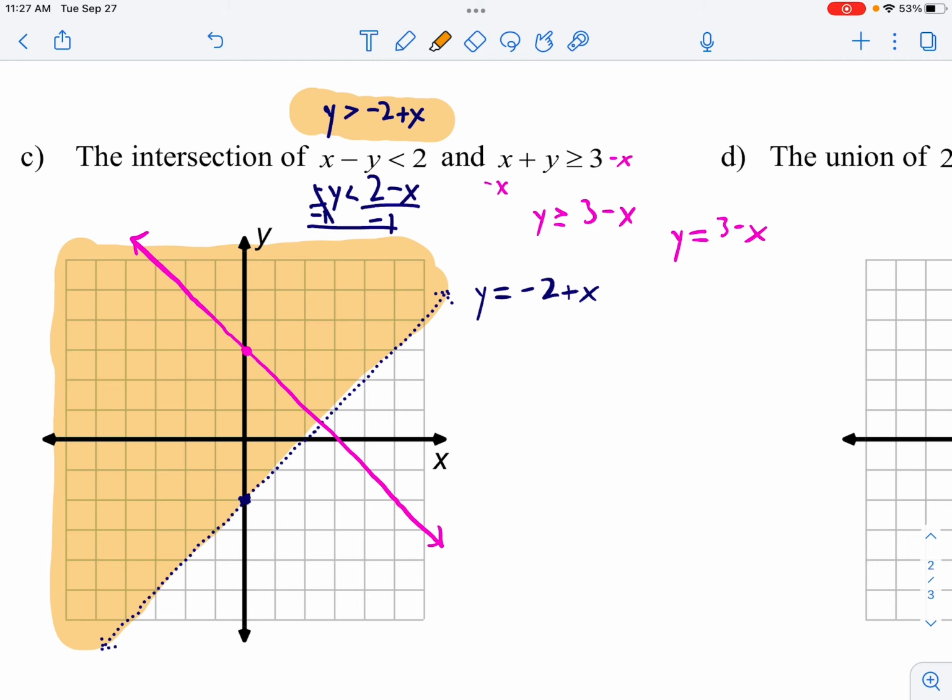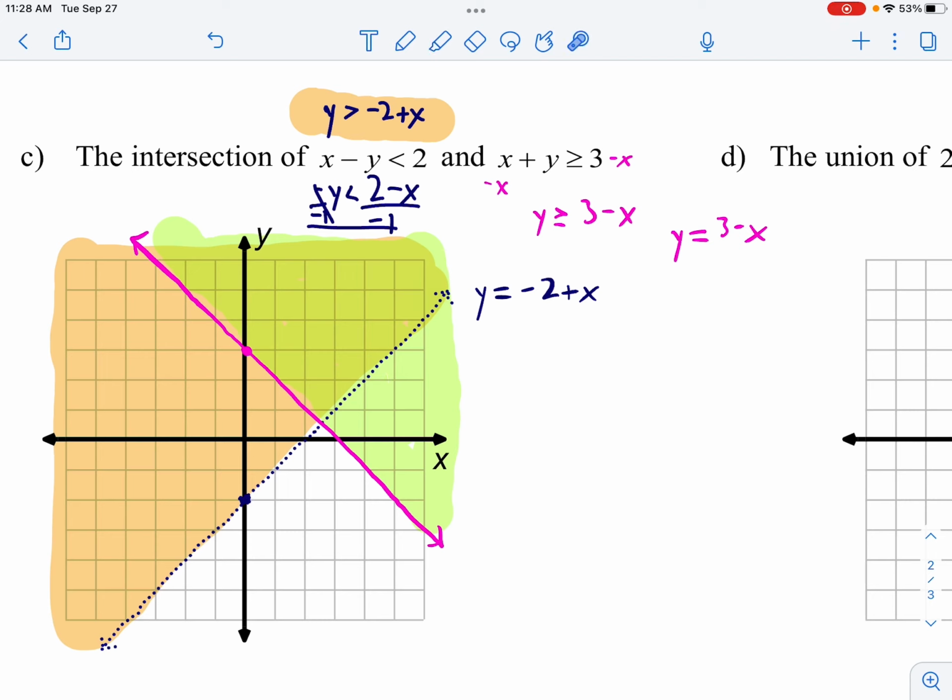Now let's use the green highlighter and graph this pink inequality. This pink line is the line where y equals 3 minus x. We need y to be greater than that line, so we're going to shade above that line. There we go. So we're done shading.